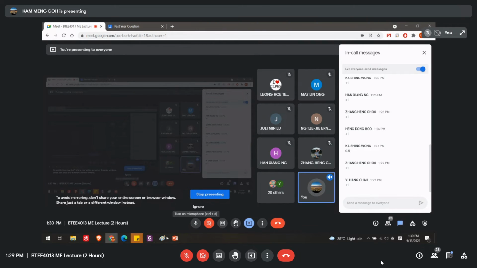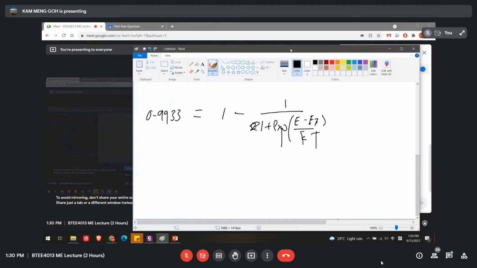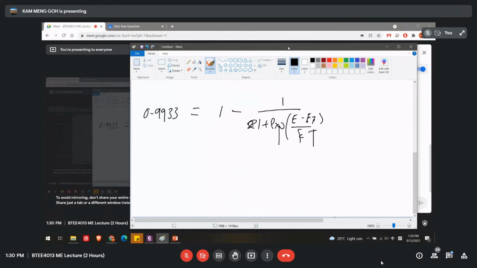Okay, let's get back to here. So basically, you are going to use this formula. So you use 1 minus 0.9933 equals 1 over 1 plus exponential (E minus EF) over kT.